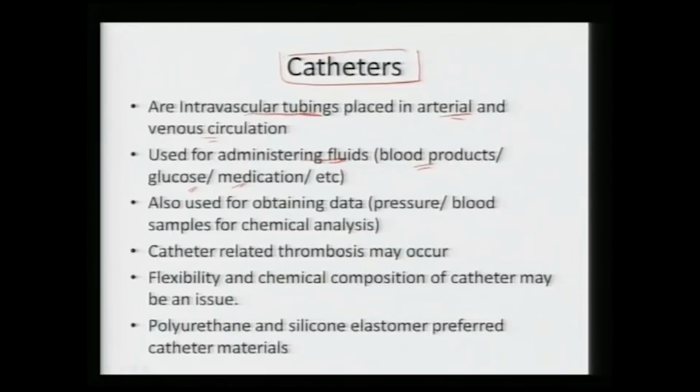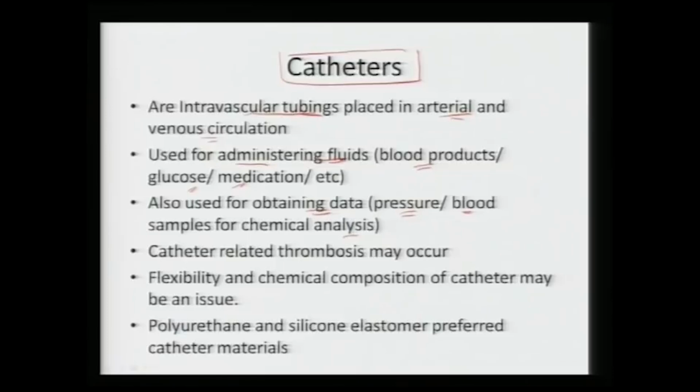They are also used for obtaining certain data such as the pressure or blood samples for chemical analysis. So that is the overall applicability: catheters are intravascular tubings placed in the arterial or the venous circulation, used for administering fluids, which can be blood products, glucose or even medication. They can also be utilized for obtaining data, which can be the pressure or blood samples.